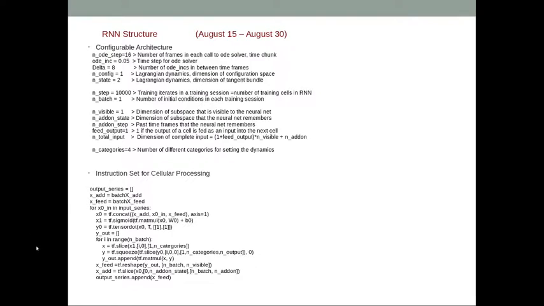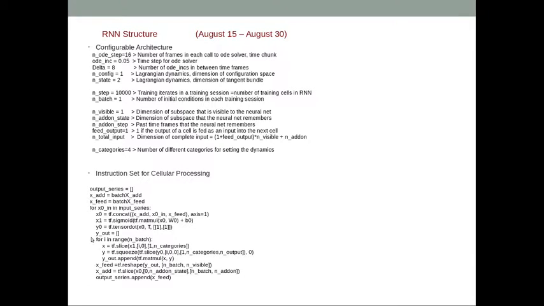So now we have to go into the instruction set for cellular processing. What has to happen in order for that process, which I just described, to occur? Well, you have to first feed the inputs into the neural network cell.